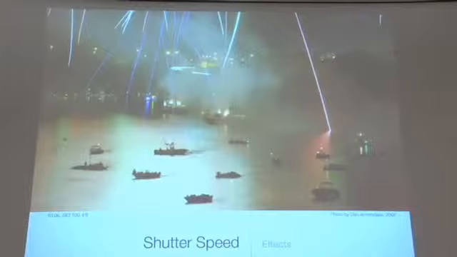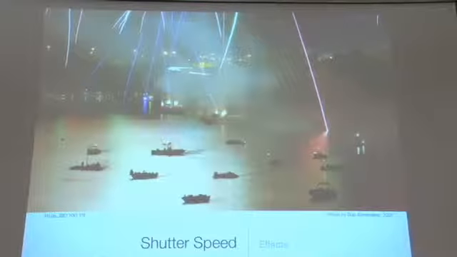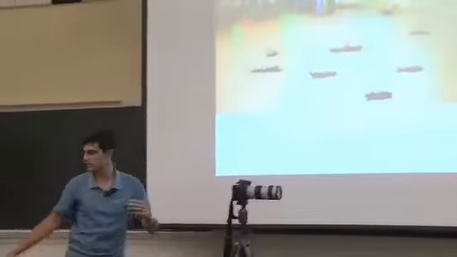You don't see its motion. And usually what you want in fireworks is motion, so that you can actually see the fireworks moving throughout the frame. So you want to have a couple of seconds maybe of time where the shutter is open so that you can capture that sort of effect.